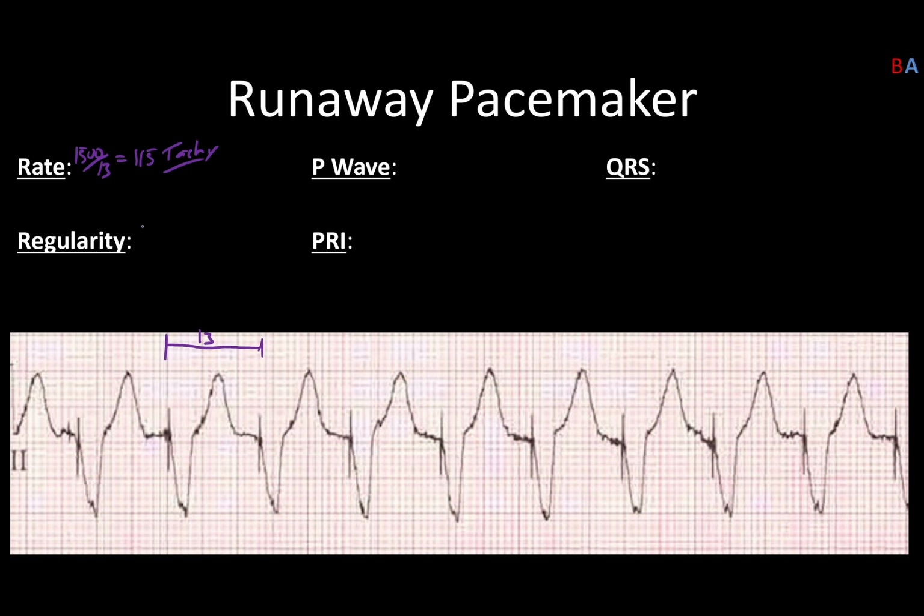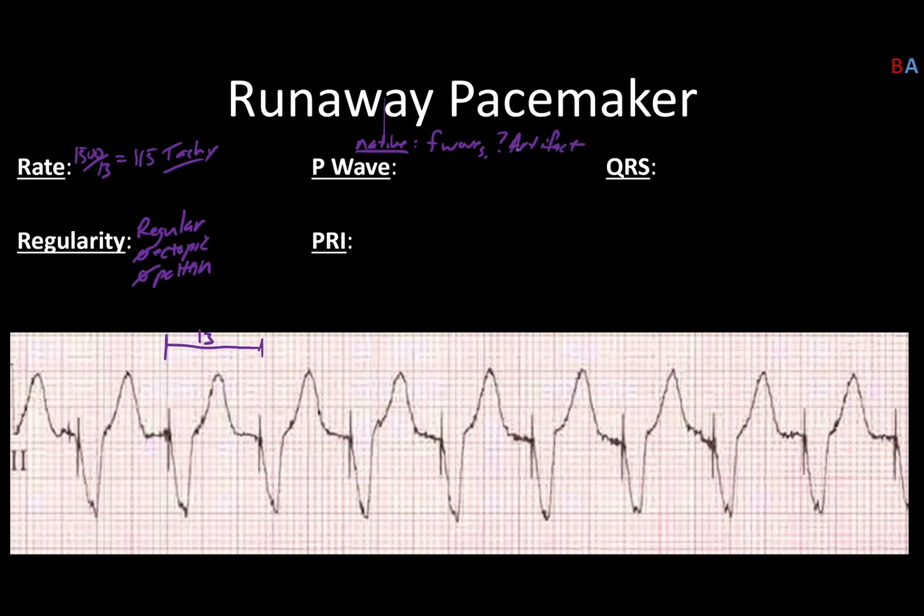The regularity, definitely regular. We have no ectopics, and we have no pattern. It's perfectly regular. As for P waves, native, all I could say is we likely have F waves, maybe artifact.